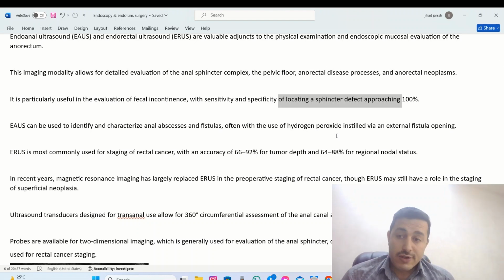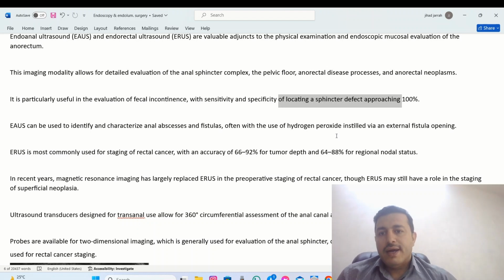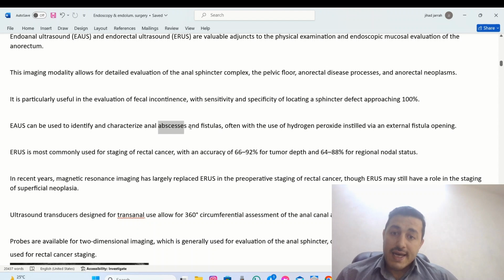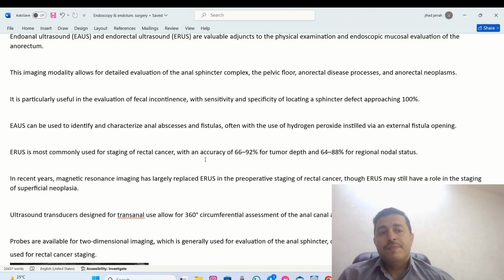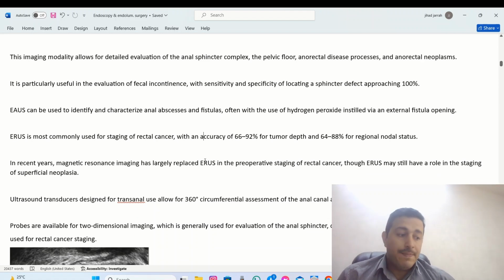If we are talking about endoanal ultrasound, we can use it to figure out any abscesses or fistula, of course with the adjunct of injection of hydrogen peroxide in the external fistula, so visualization will be better. We discuss this issue when we talk about fistula.